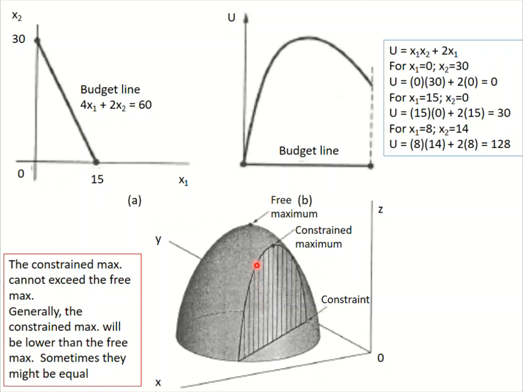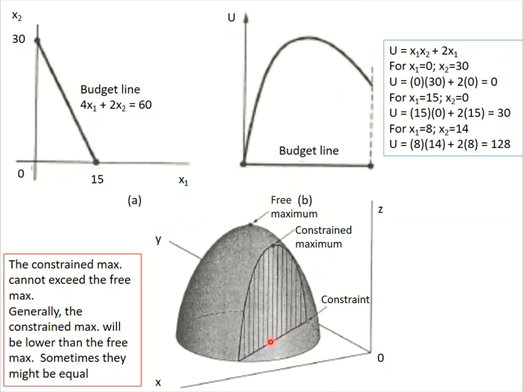The height of this dome gives us the level of z, say utility, if that was our example. So this slice that we are looking at is showing us constrained optimization, because we are subject to this constraint here.